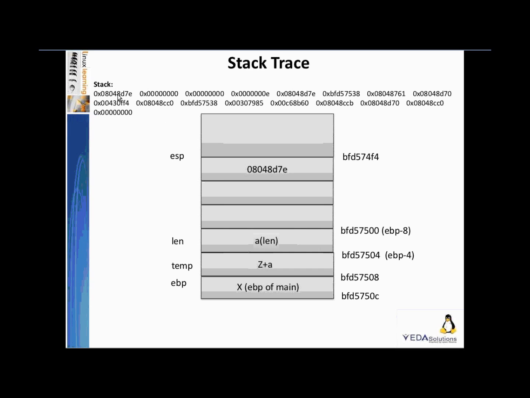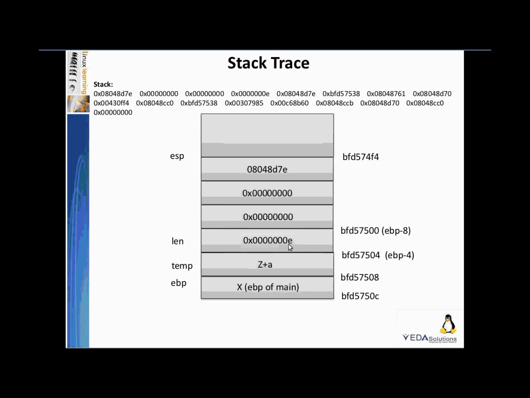It means str was pointing to this. The second value is 0, and you can see the second 4-byte offset was filled with zeros. Further down, 4 more bytes were filled with zeros. And then you can see a value E here, which was the value in the location length. It means length was pointing to a value E. Length has been returned from the function called MyStringLength, which was computing the length of the string and returning that value.